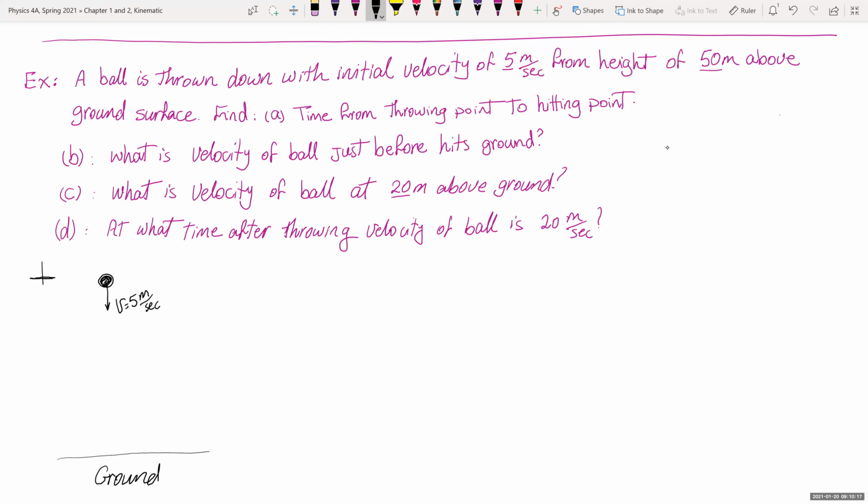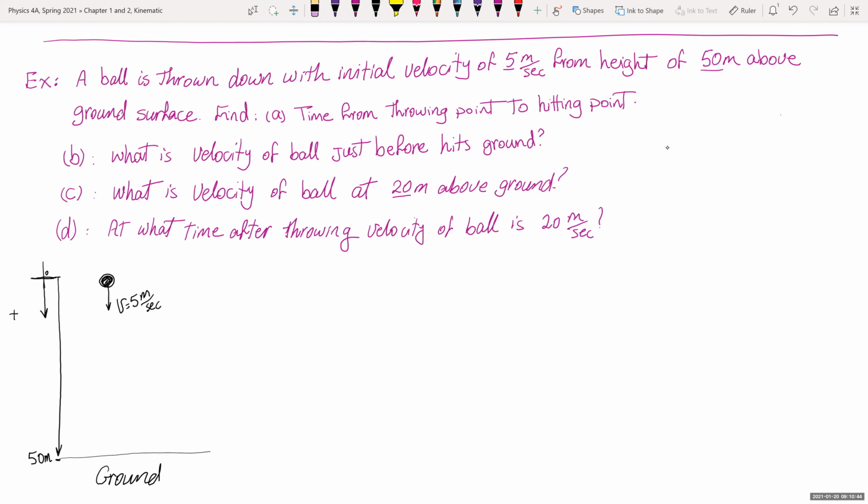Remember, this is your origin, so this is my height. Everything is positive, downward is positive. So if 0 is the origin, this point is 50 meters. I know in reality it's negative, but because everything is positive, let's choose it as positive.